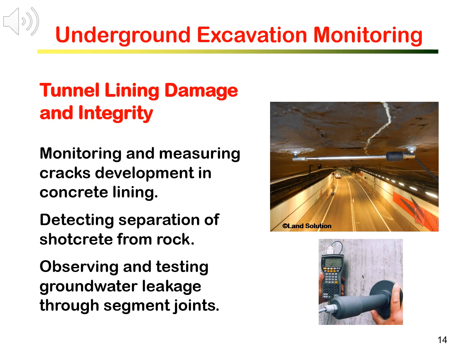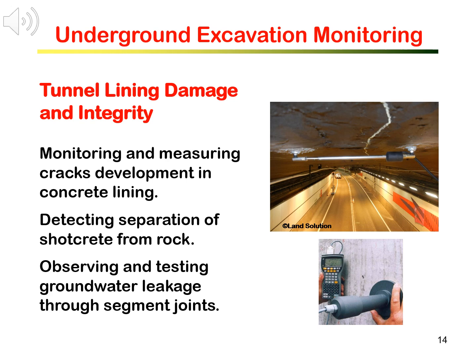Tunnel lining damage and integrity is usually shown by cracking in concrete lining and water leaking. Monitoring includes visual inspection of cracking, measuring crack widths using a crack meter, and monitoring and measuring crack propagation and extension in concrete lining, as shown by the upper figure.